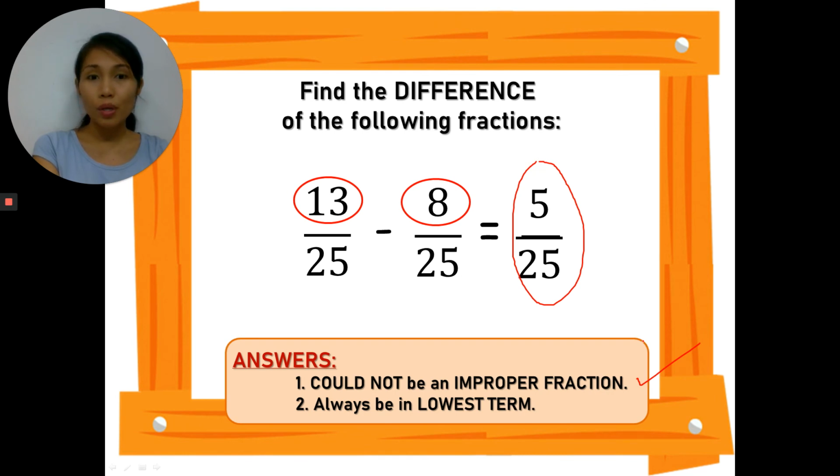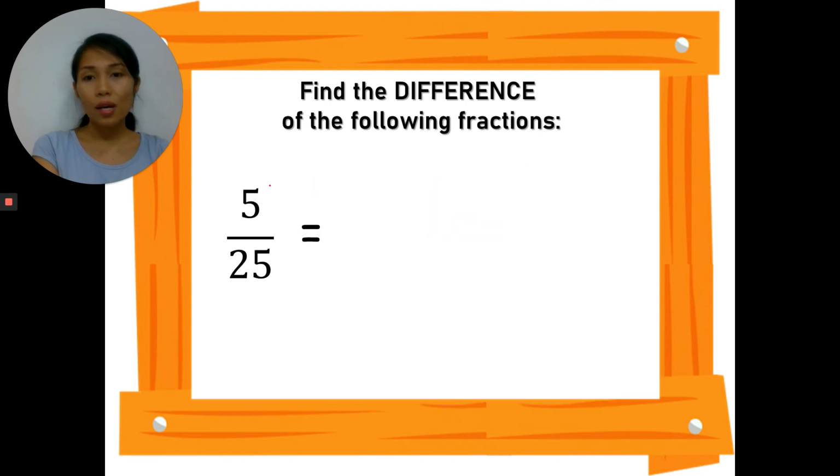Not yet. It's pretty obvious we can divide it by 5, right? So let's try in here. 5 divided by 5 and 25 divided by 5. 5 as the factor. 5 divided by 5 is 1. 25 divided by 5 is 5.